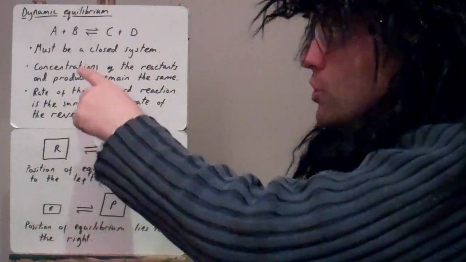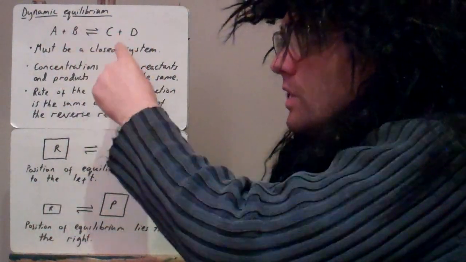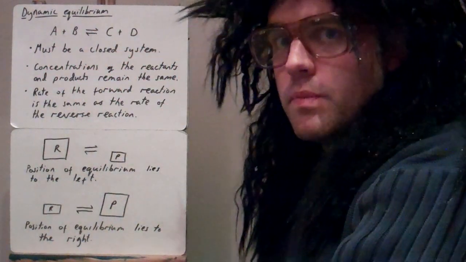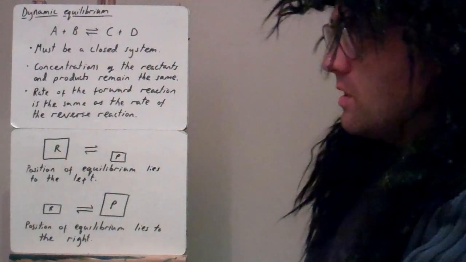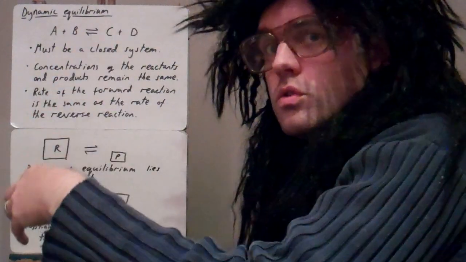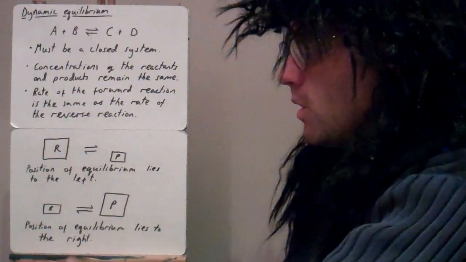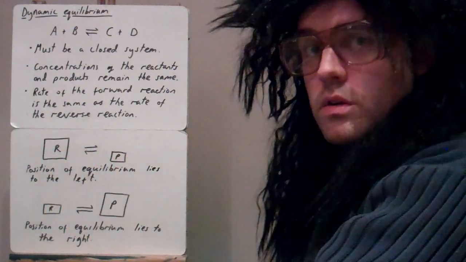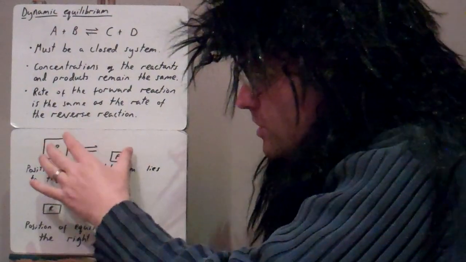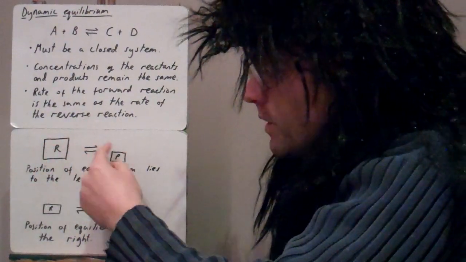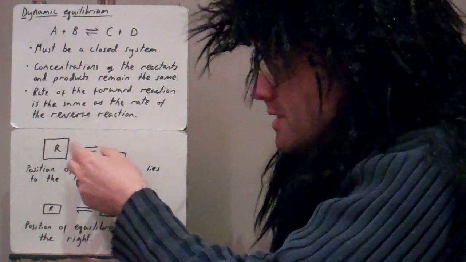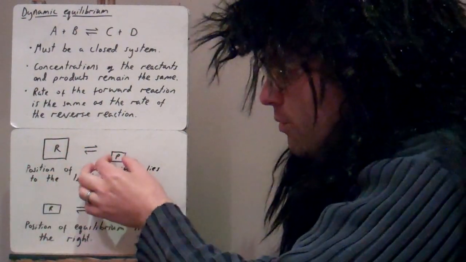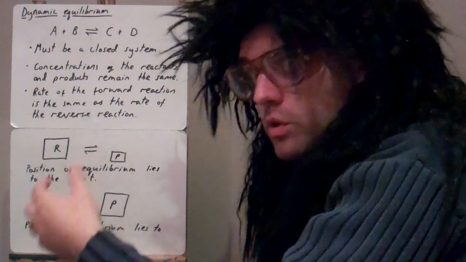Now, an important thing about the concentrations is that they don't have to equal each other. The concentration of A and B and C and D do not have to all be the same. They can be different. It's just that they stay constant. So, for example, we could have a lot more reactants than we do products, but once it's reached that situation, the forward and backward reaction are going at the same rate, so that the concentration of reactants stays the same, the concentration of product stays the same, but not equal to each other.